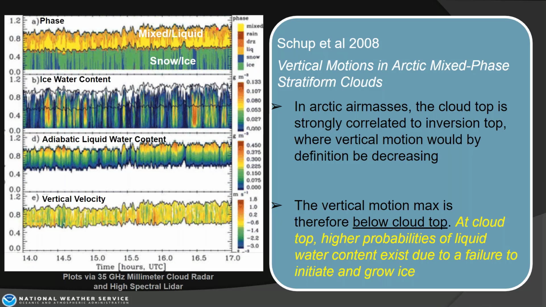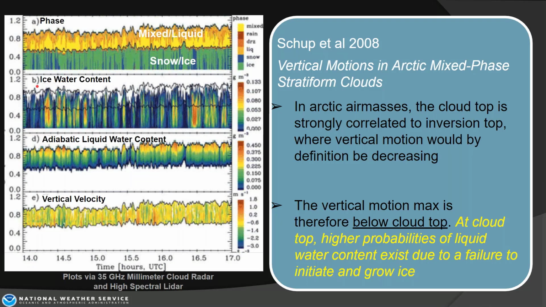And as you go towards the very top of the cloud, and this is just kilometers on the left-hand side, so it's a cloud that's about 1 kilometer above the surface as cloud top, you can see that the reds and oranges actually increase at the very top of the cloud. And so what they were sampling is liquid at the very top of these clouds. And then as you move vertically toward the surface, you see it becomes dominated with snow and ice. And so this is just the phase.